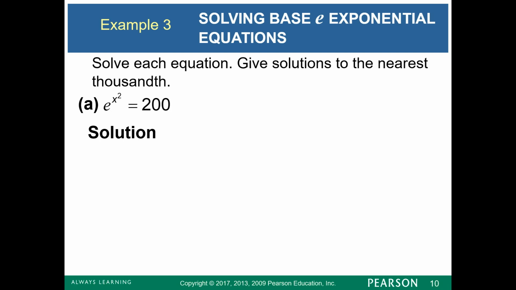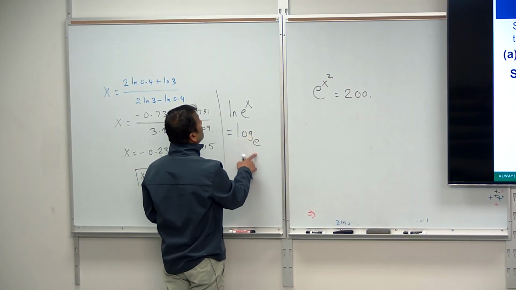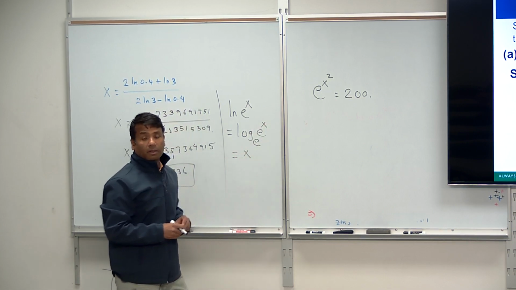So one thing you need to know is, if you have natural log of e to the power x, remember that natural log is logarithm with base e, right? So logarithm with base e of e to the power x, this is equal to what? x.